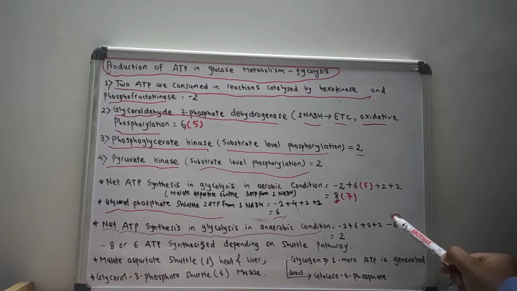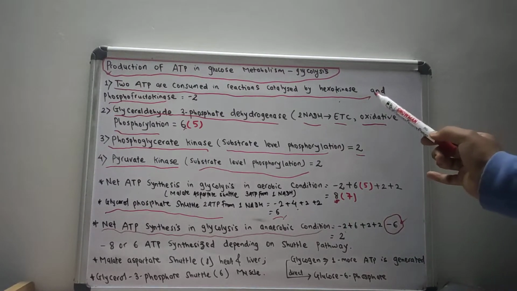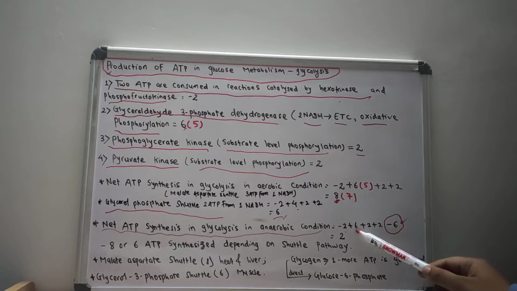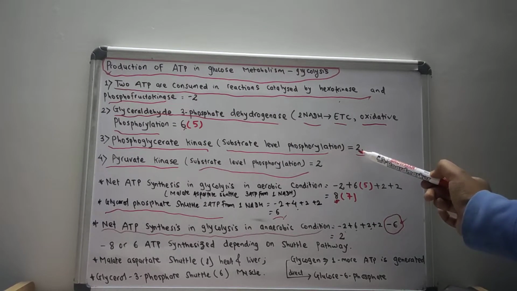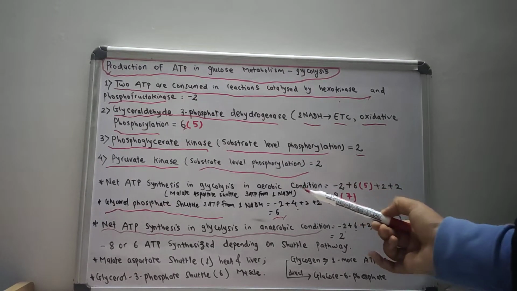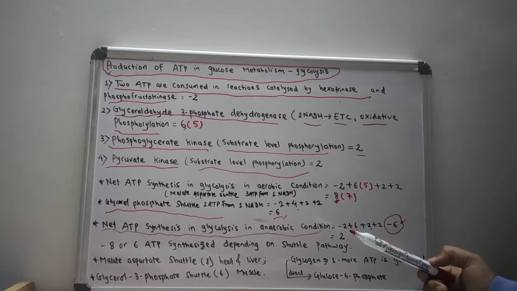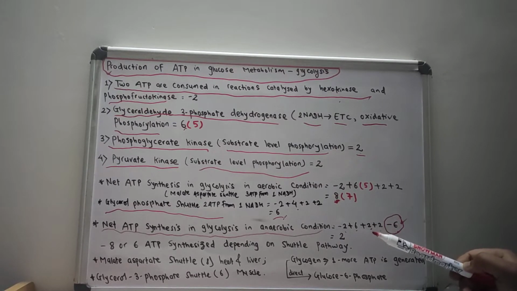So minus 2 in the energy investment phase, plus 6 production of the ATP, plus 2 substrate level phosphorylation by phosphoglycerate kinase, plus 2 by pyruvate kinase, another substrate level phosphorylation, and at the end minus 6, because while production of lactate from pyruvate by lactate dehydrogenase, the NADH is consumed and NAD plus is produced.